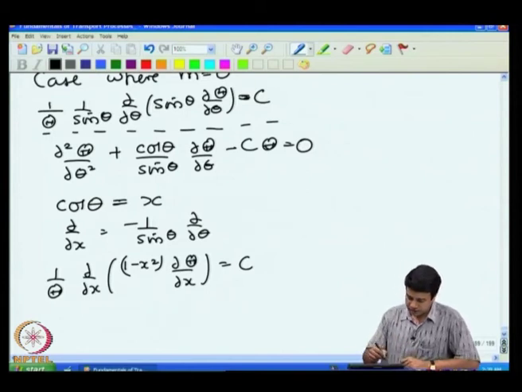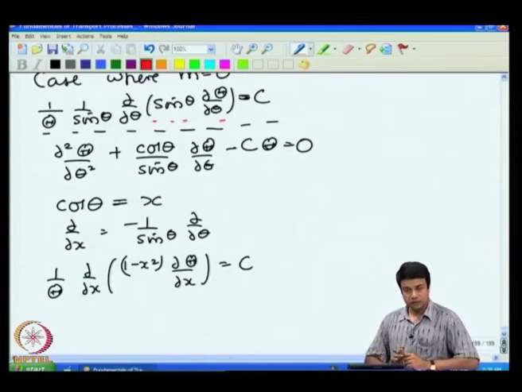I have here sin theta times d by d theta, which is sin square theta d by dx. Therefore, I get d by dx of 1 minus x square d theta by dx is equal to a constant.